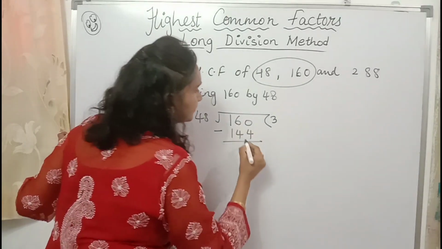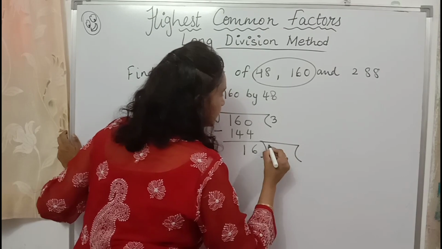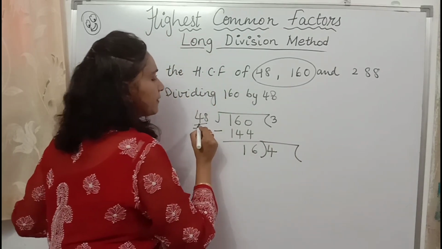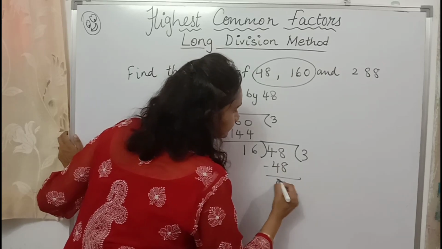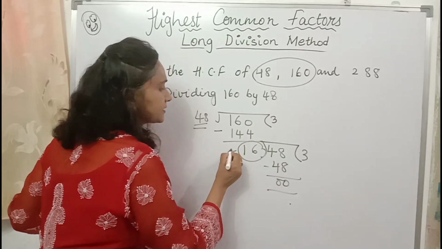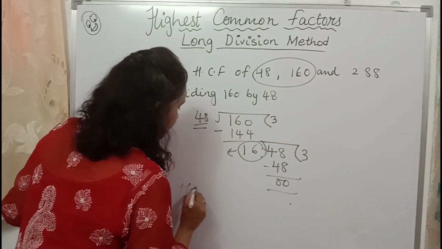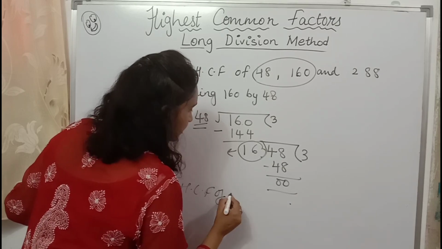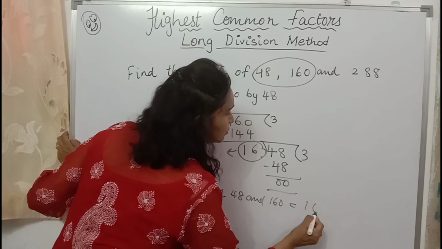Then subtract, 16. So again this divisor will become the dividend. 16 3s are 48. 0 has come in the remainder part, so that means 16 is the HCF of 48 and 160.